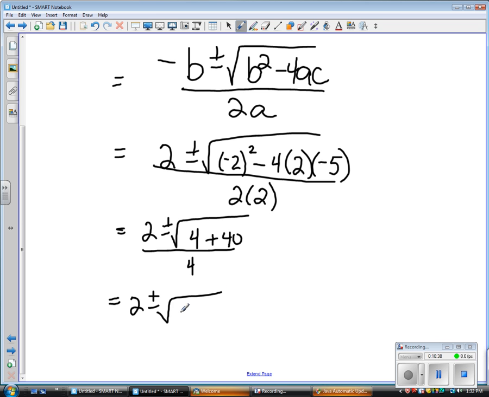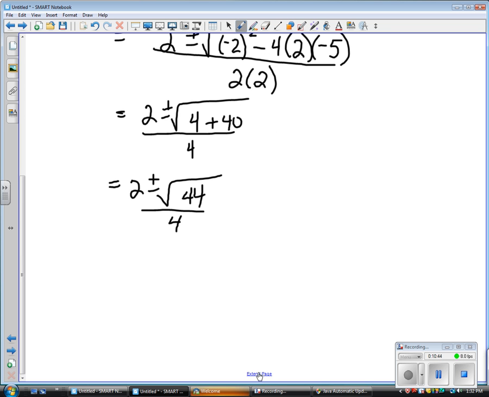Wake up over there. Now I'm going to add 40 plus 4, which is 44. Now this one didn't come out perfect, right? So on your calculator, how do you find the square root of 44? Second square root. Stop, before we even go any further.